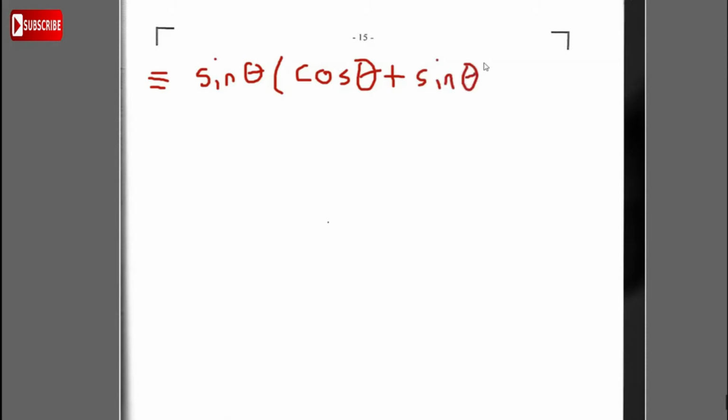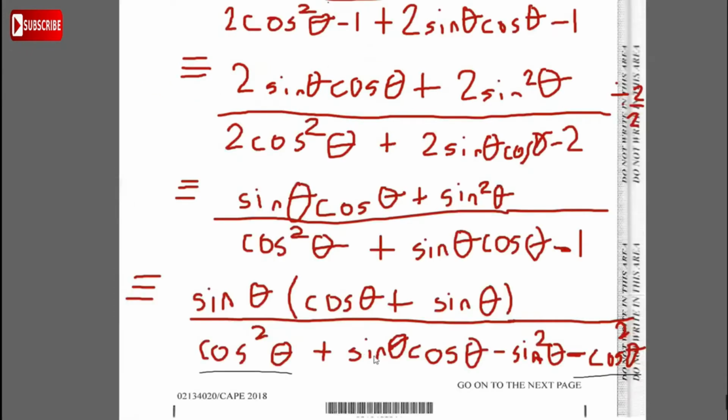And this is now being divided by, going back around here, as you can see, we now have sine theta cos theta minus sine square theta. Both of these have sine theta in common, so I'm going to factor out a sine theta.